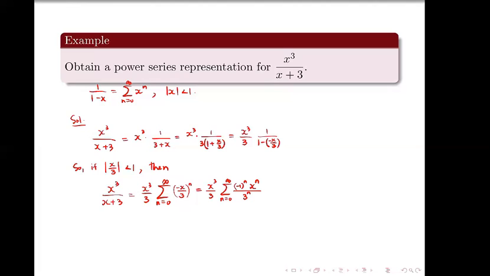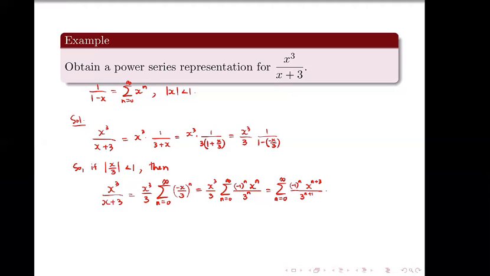So if we bring this x cubed over 3 inside the summation, we'll end up with the sum from 0 to plus infinity of negative 1 to the n, x raised to n plus 3 divided by 3 to the n plus 1. So this is that power series.